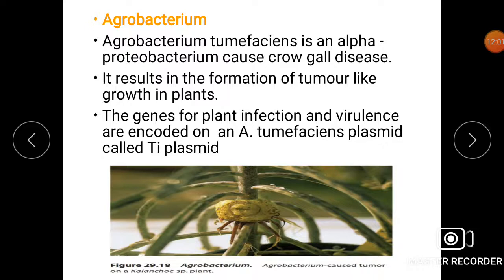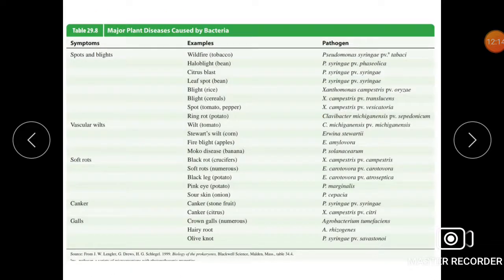The genes for plant infection and virulence are encoded on the Agrobacterium tumefaciens plasmid called Ti plasmid. Some bacteria cause diseases in plants also.